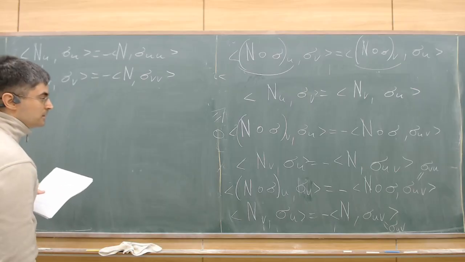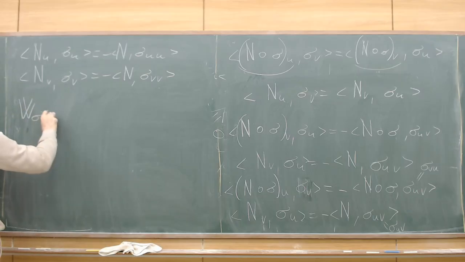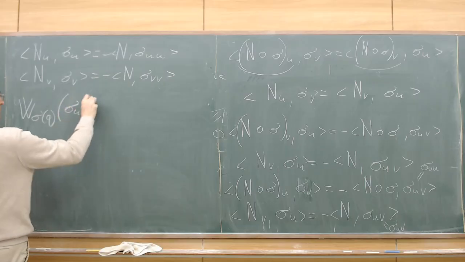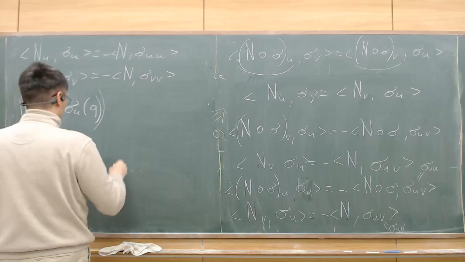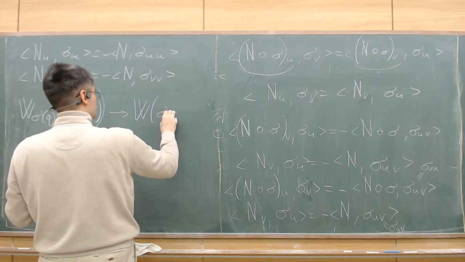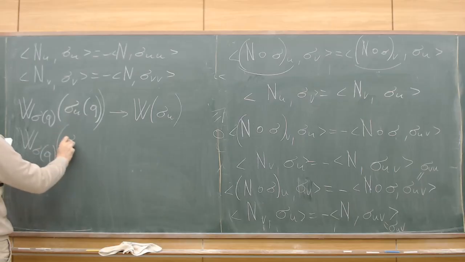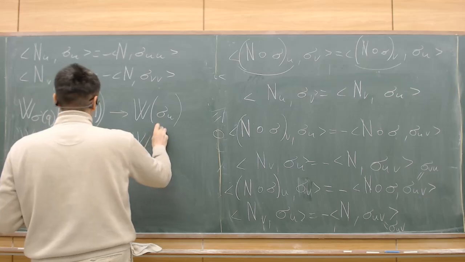And instead of writing W sigma Q of sigma UQ, for example, I will write just W of sigma U, and instead of W sigma Q of sigma VQ, I will write W of sigma V.